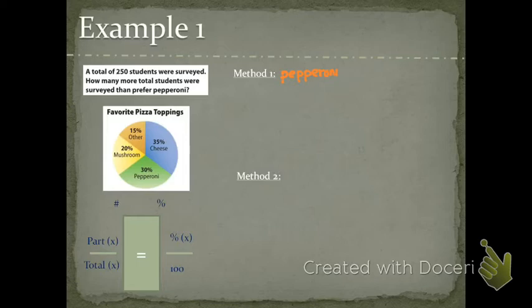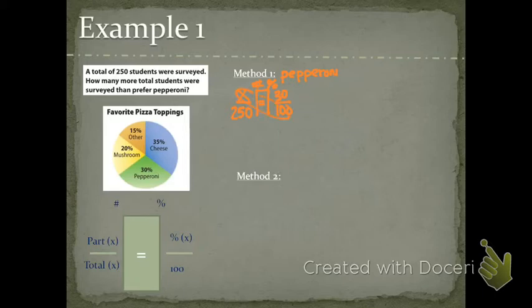So if I set up my percent bar, pepperoni pizza, we have 30%. So that's going to go on our percent side over a total of 100. Okay. And then on the other side, we know that our total is 250 students, and we're trying to find out how many of those 250 students preferred pepperoni.